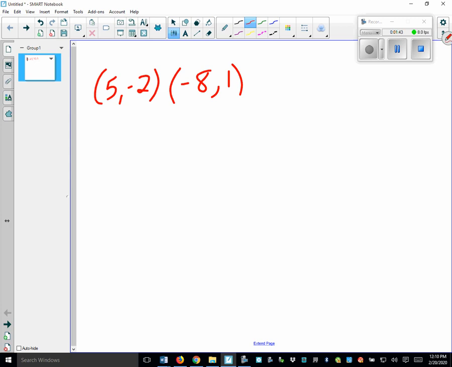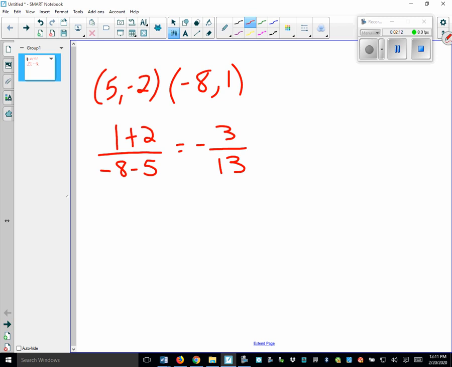The slope. How? I don't want the formula. How do I find the slope of this line? 1 plus 2 over -8 minus 5, so 3 over 13. No, -3 over 13, right?